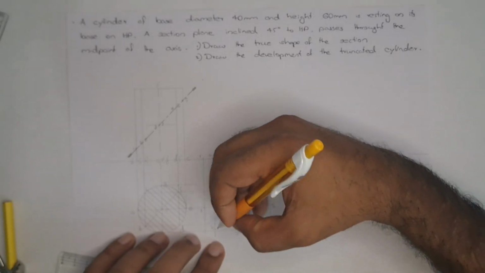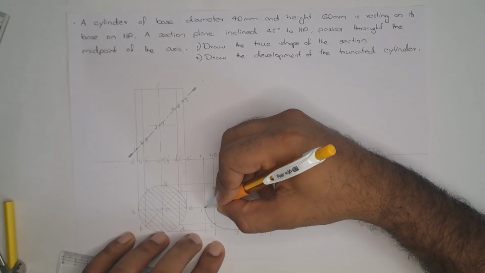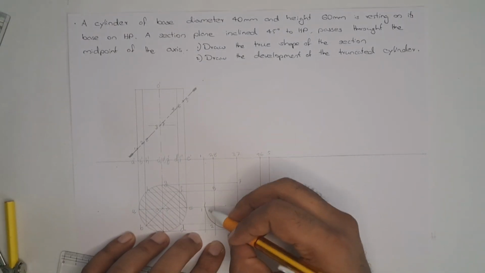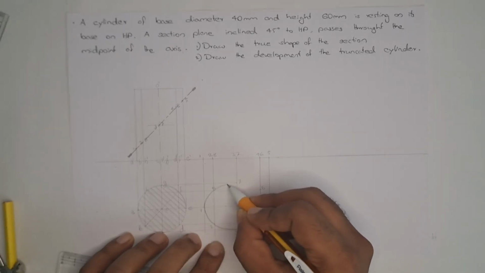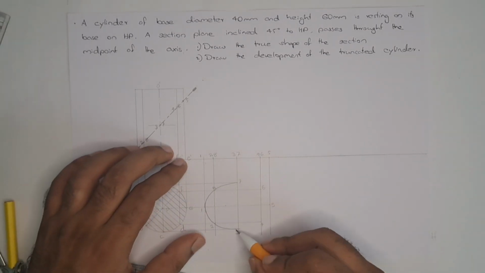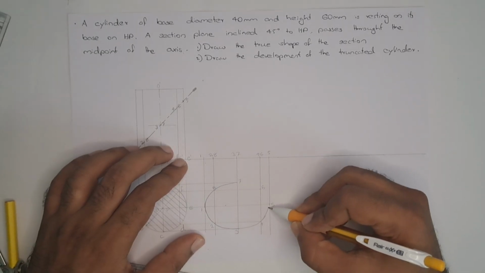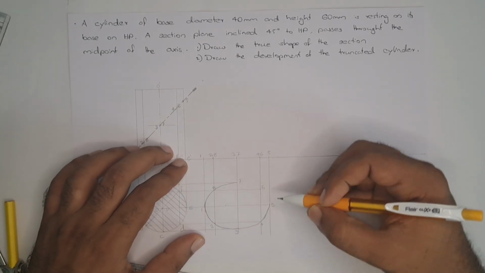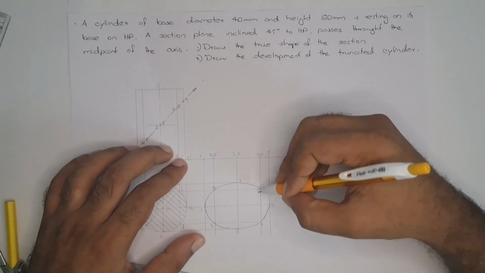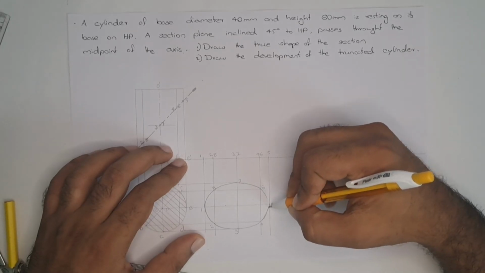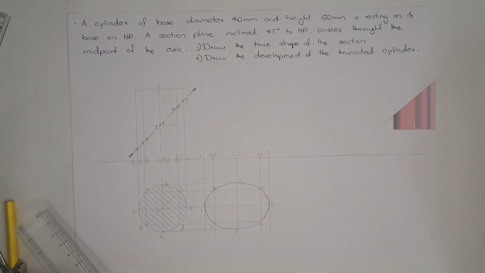Now we have to connect these lines. So we get an ellipse here.